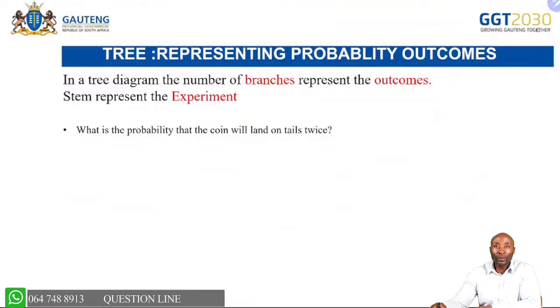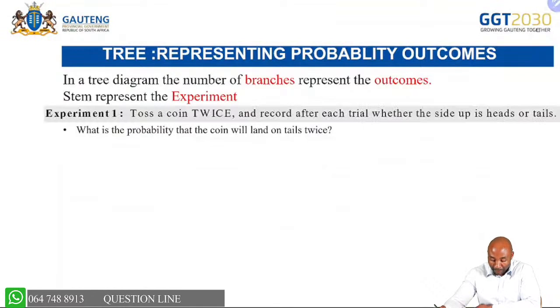If we are supposed to do the experiment or the trial 2-3 times, it means we should have 3 layers going to the right so that we are able to plot and represent all our possible outcomes. So the stem represents our experiment. For example, if it's tossing a coin, rolling a dice, picking from a bag, those are the kind of examples that we use in our tree diagram.